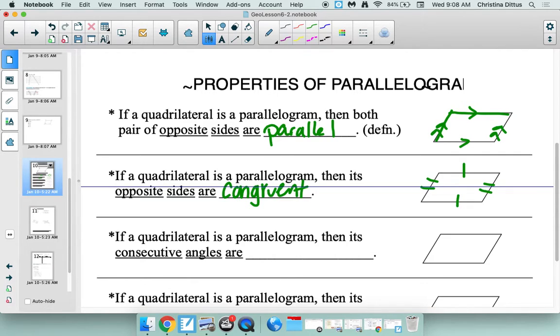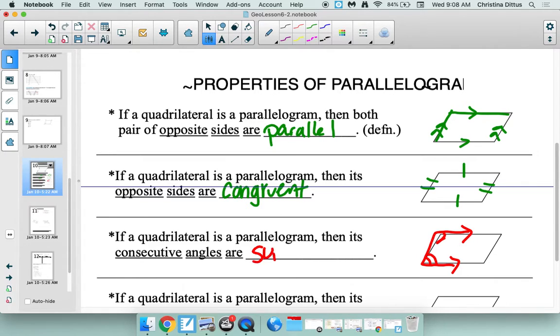They essentially say, okay, so consecutive angles mean like this angle and this angle. If I have parallel lines here, these are a certain kind of angle relationship called consecutive interior, same side interior. Do you guys remember what's true about those? They add up to 180. Yeah, they're supplementary.